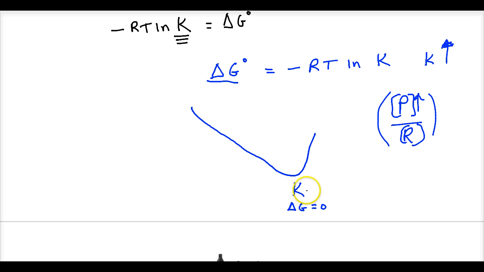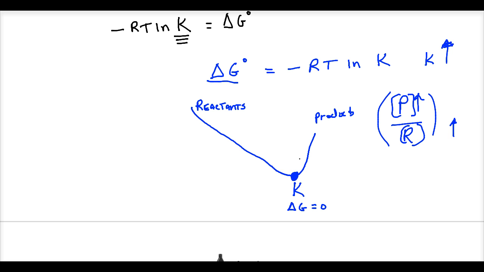K is equal to some number, equal to the quotient. But if K is a large K, that means there's a lot more products than reactants once we reach equilibrium. This right here is the reactant side, a lot of reactants. Over here is the products. So this is the point of equilibrium.